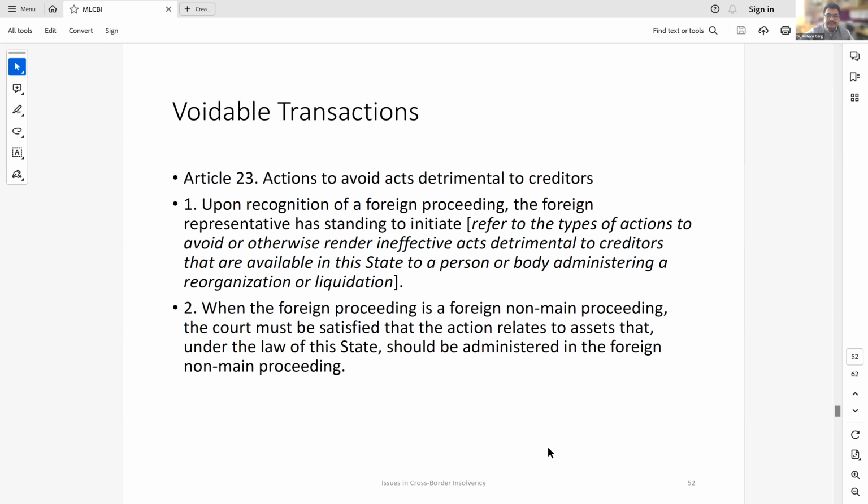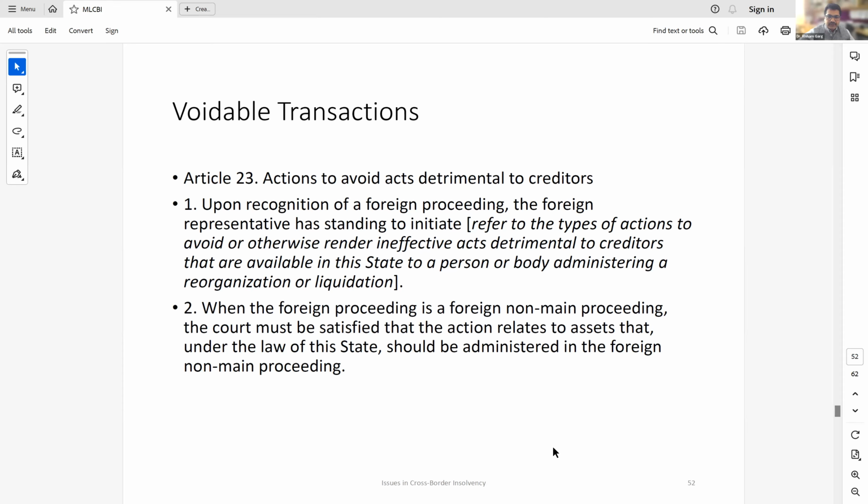Article 23 of the model law says actions to avoid acts detrimental to creditors. Upon recognition of a foreign proceeding, the foreign representative has standing to initiate the types of actions to avoid or otherwise render ineffective acts detrimental to the creditors that are available in the state to a person or body administering a reorganization or liquidation.